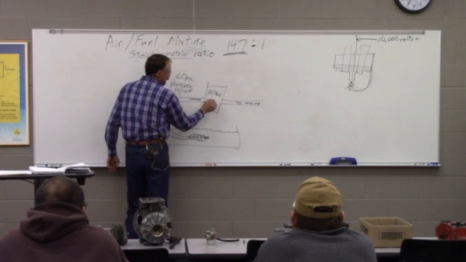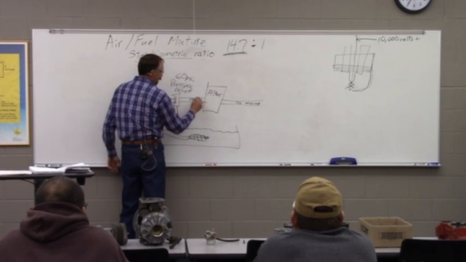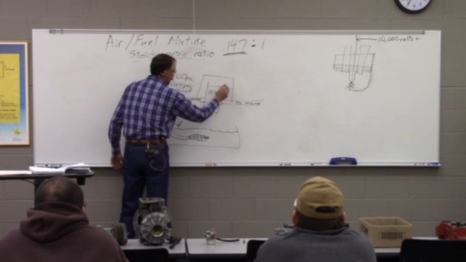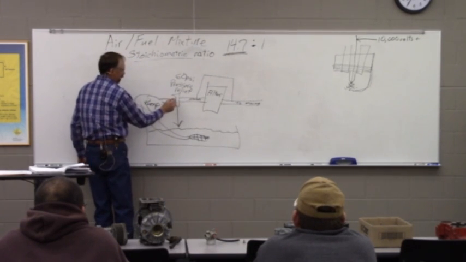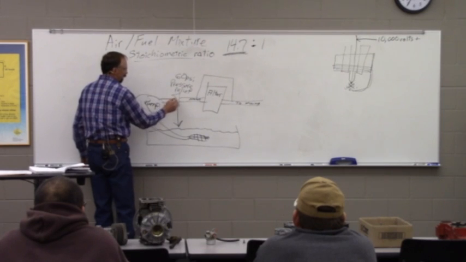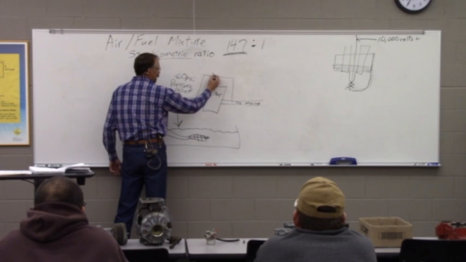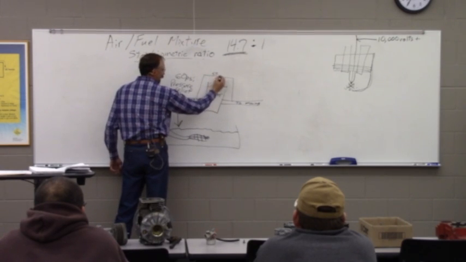But in case this filter gets plugged, most engines, not all, but I'm going to say well over 90% of them, are going to have a bypass. And it's typically set at a pressure just below this. So if this is at 60 psi, this is probably at 55 or something like that.